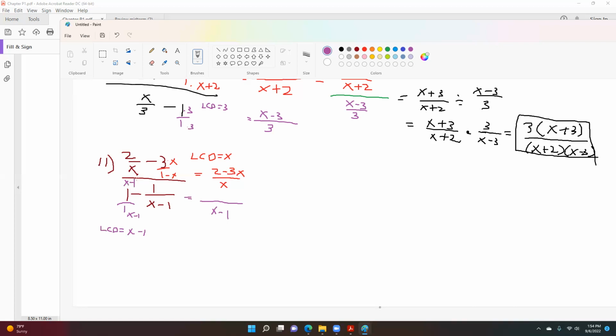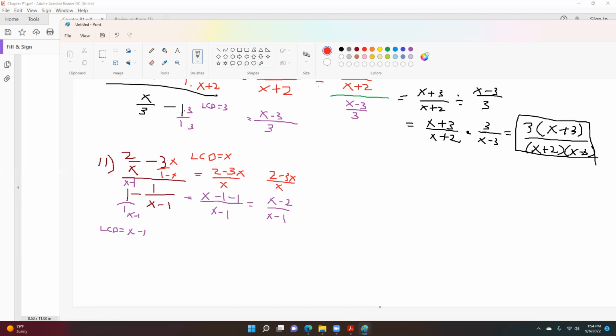So we kind of distribute this one. 1 times x is x. 1 times negative 1 is negative 1. And you still have a minus 1 on the second fraction. So multiplying this, we get x minus 1, and you still have a minus 1. So this actually gives me x minus 2 over x minus 1. Again, your numerator here will still be 2 minus 3x over x.